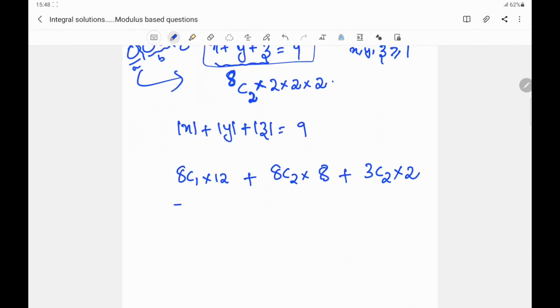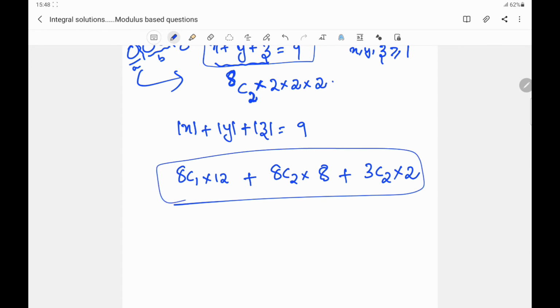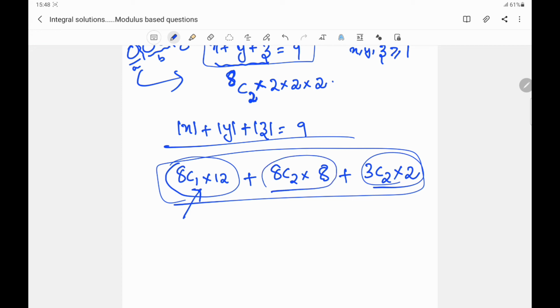This will give me the total number of integral solutions to this equation. These terms come from the cases when one of them is 0, when two of them are 0, and when none of them are 0. So this is the answer.